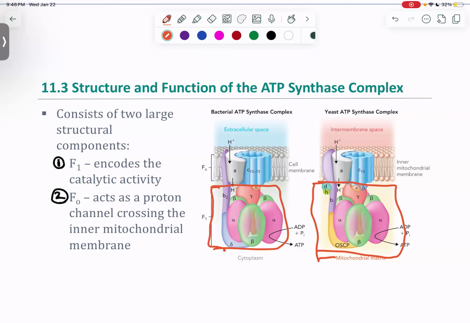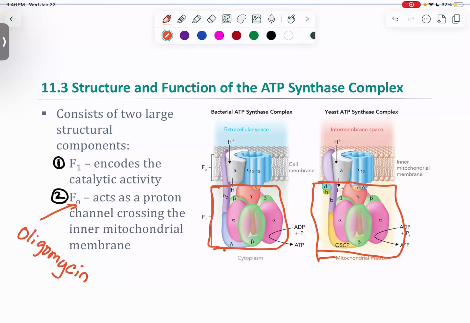Okay, so the F1 complex, all the stuff down here in the ATP synthase complex, contains the part that has catalytic activity, that can actually do things. Then you have the F naught or the F0. It really stands for an O. The O stands for oligomycin.